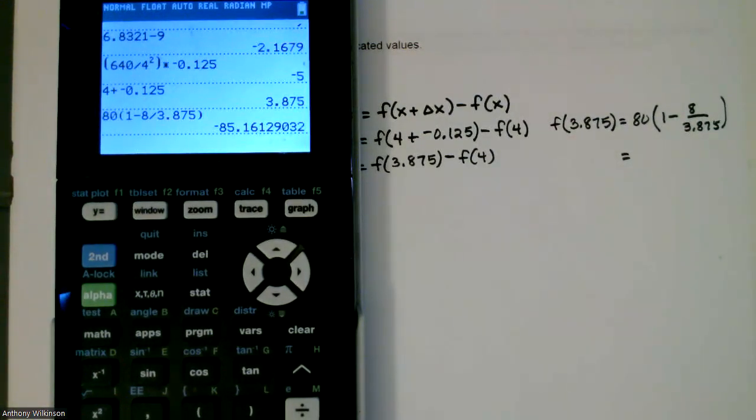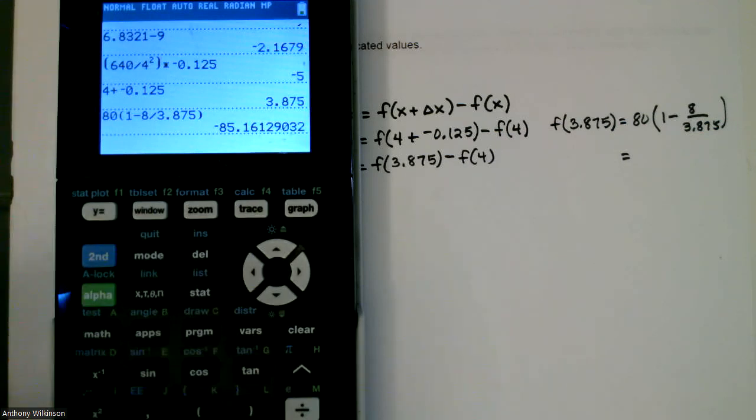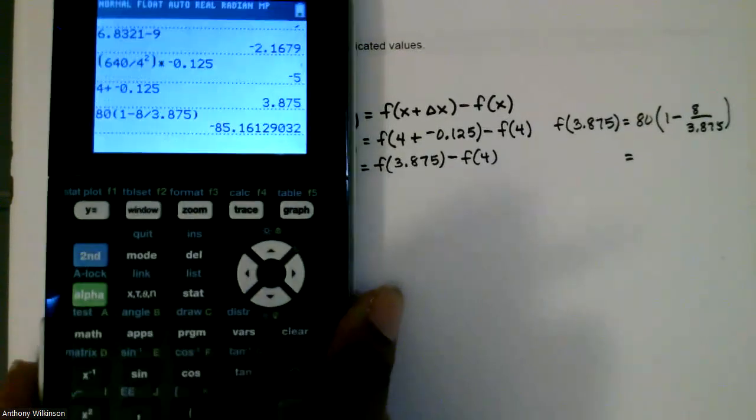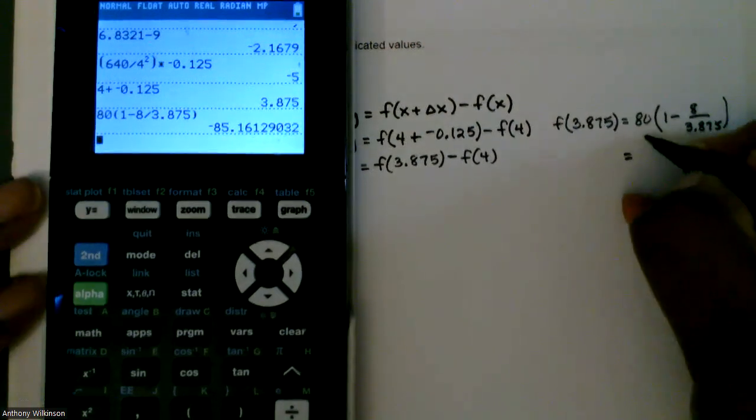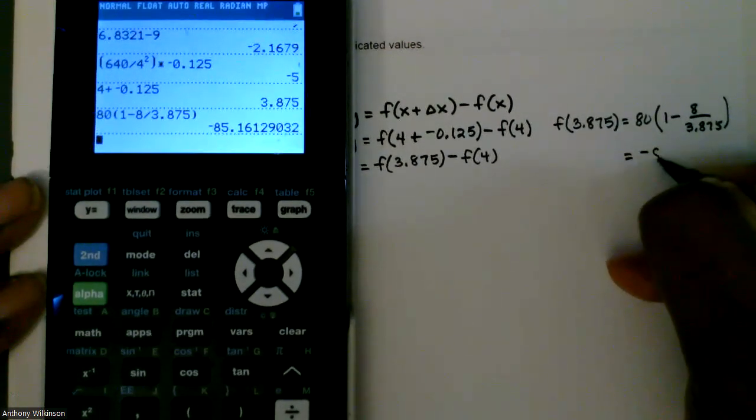I'm not sure how they want this, but I do need to check. Yeah, to 2 decimal places. So in this case, this will be negative 85.16.